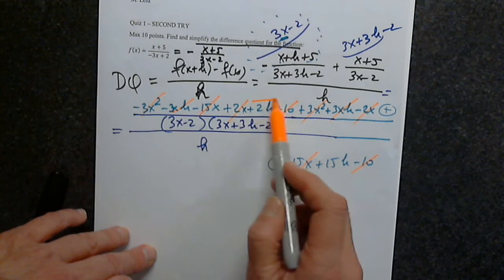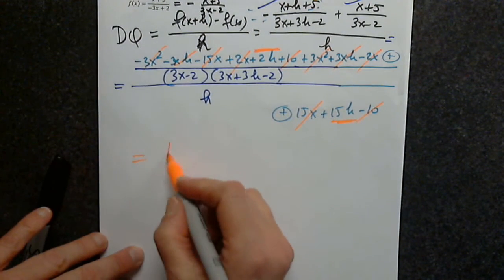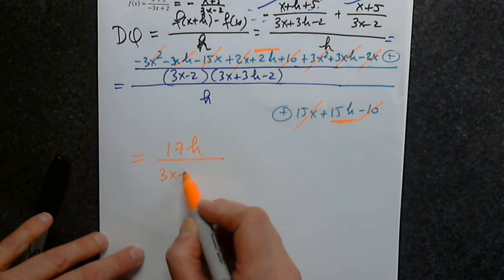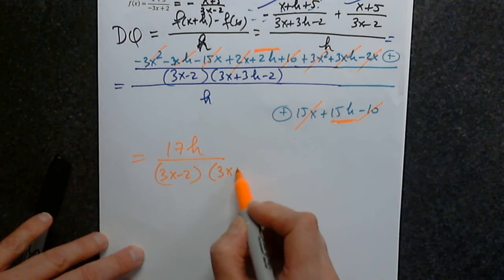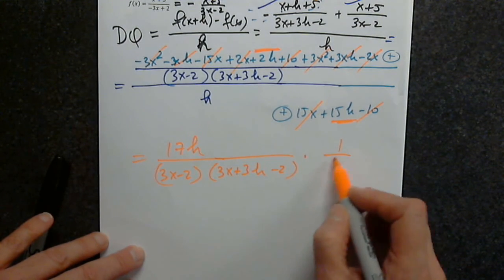So what is left is this and this. Nothing else. When I add those, I get 17h. So this is 17h over this denominator, 3x minus 2 times 3x plus 3h minus 2, times 1 over h.